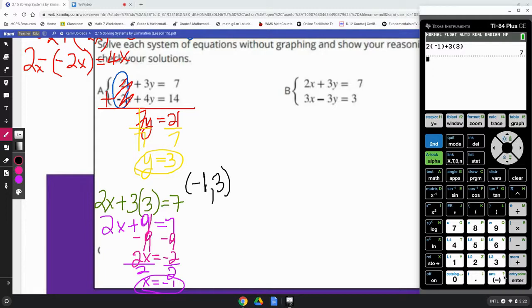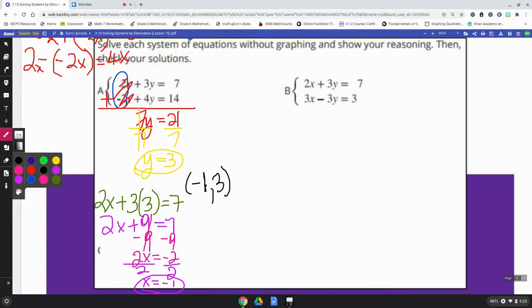It needs to be correct for both equations, not just one. So 2 times negative 1 plus 4 times 3, and that gives me 14. So I know I'm correct.